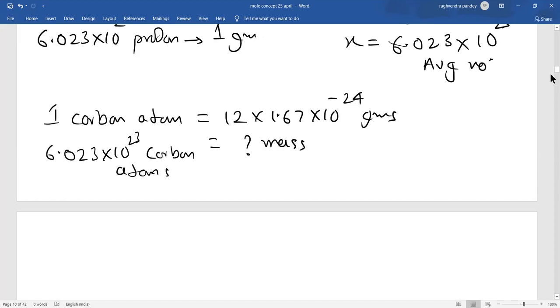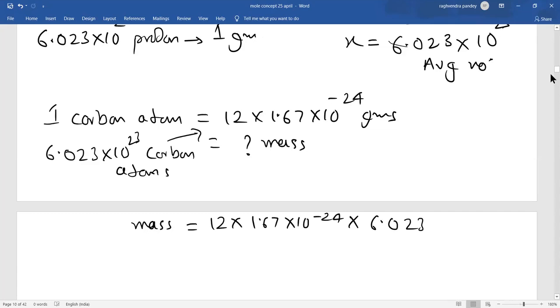Mass will be 12 into 1.67 into 10 to the power minus 24, into, that is your cross multiplication, 6.023 into 10 to the power 23, and this will give us 1. When you multiply it, it will give us 0.99999.